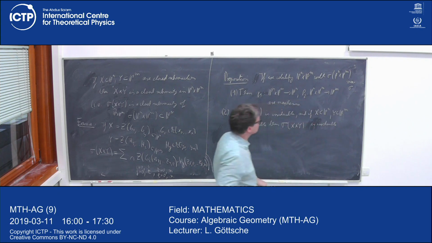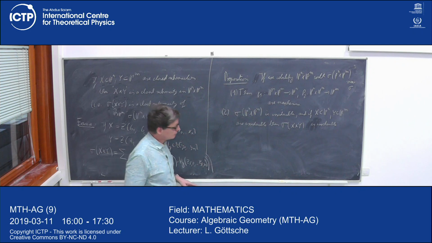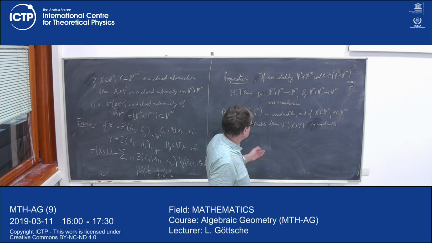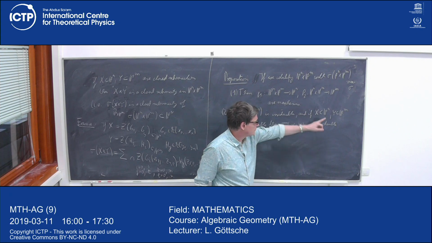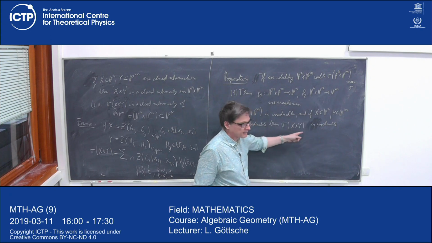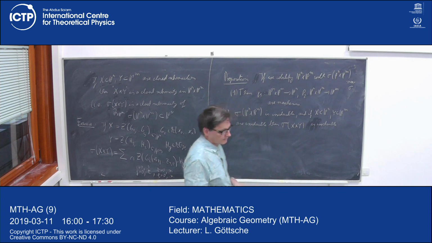So if you make this identification as before, it says that if x and y are irreducible, then x times y is irreducible, like in the appendix.